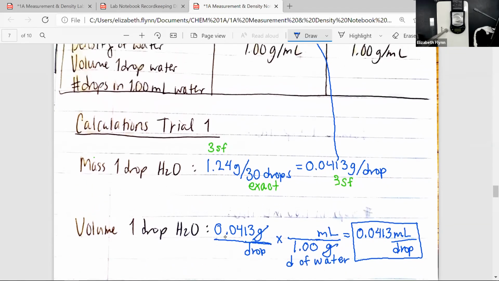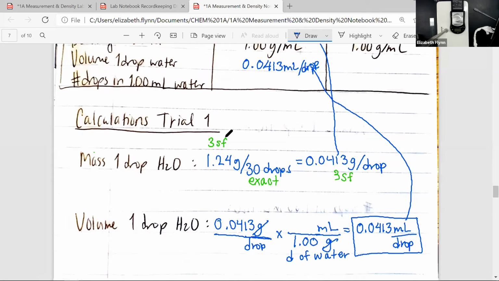So that is what we write up here. And that's very small, right? We wouldn't be able to measure 0.0413 milliliters in one of these graduated cylinders. So that's why it's really useful to be able to use the density of water to calculate volume if we know the mass. All right, hope you're with me still.